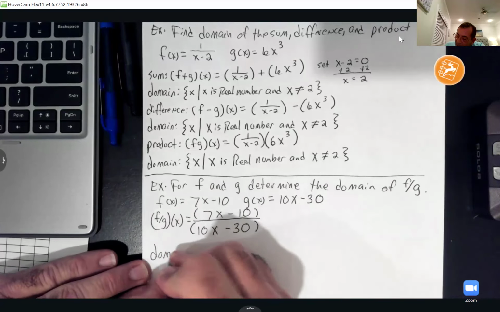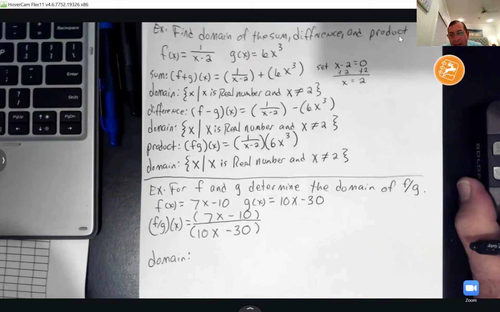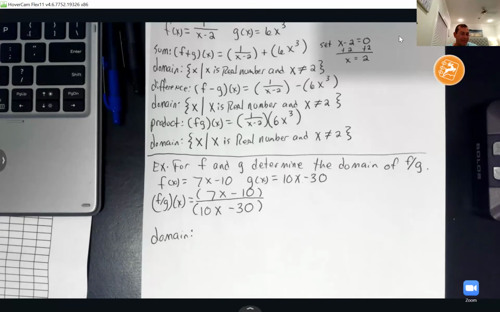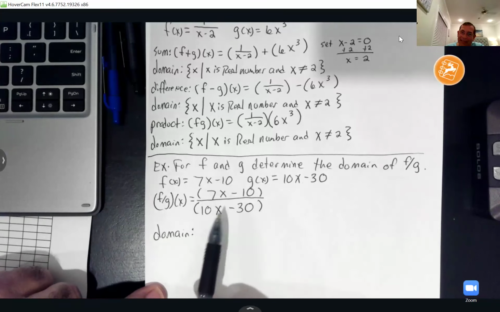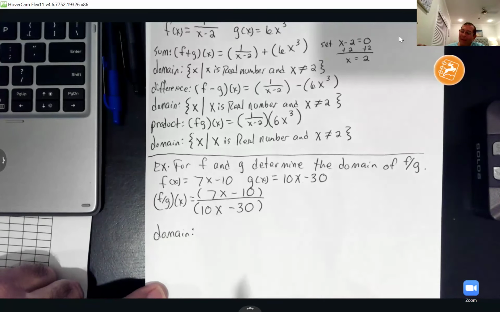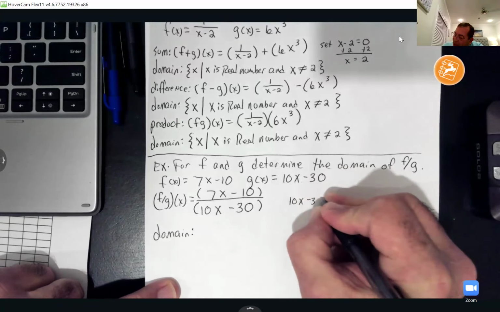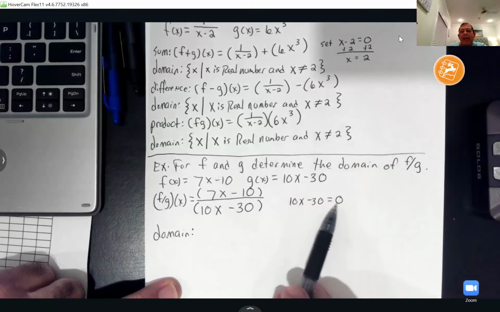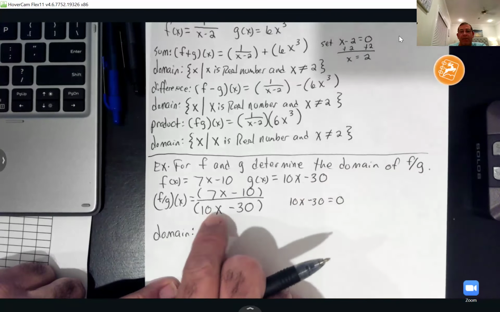So now we got to play with our domain. Will this domain be all real numbers? No. No, good job, because we got a fraction and it has an x sitting down here. So you would take that 10x minus 30, set it equal to 0. Remember, by setting it equal to 0, we're forcing it to give the answers that make this thing undefined.